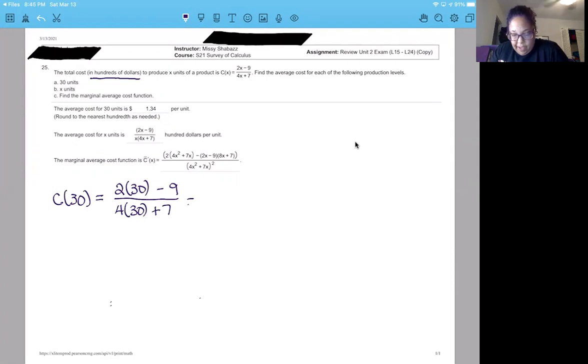So I have 51 divided by 127. So that is the cost of 30 units. So if I want to find the average cost, I'm going to divide it by that 30 units. So 51 divided by 127 divided by 30.